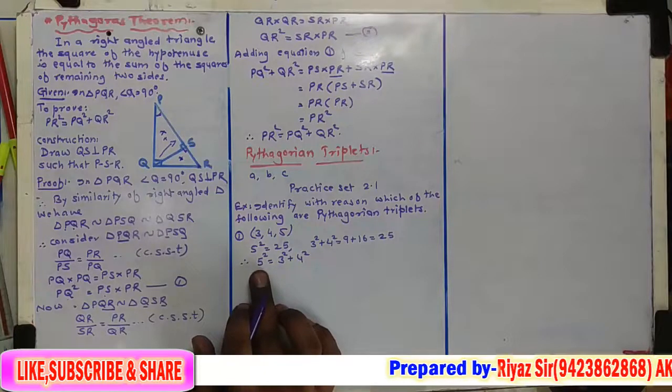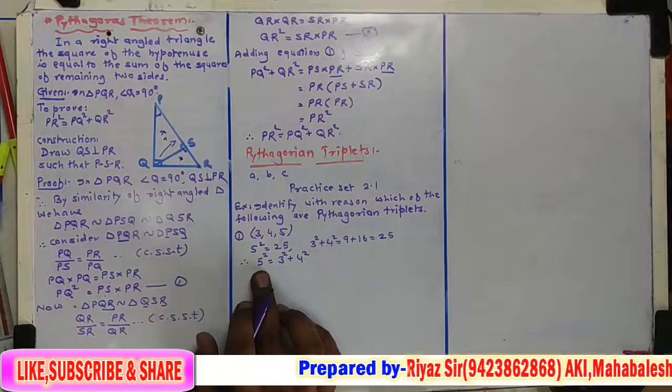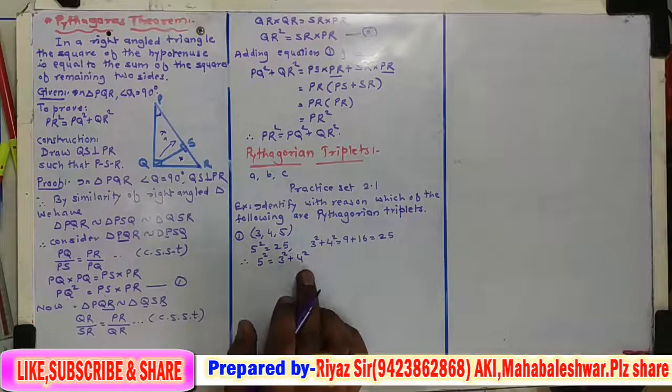Here the square of one number is equal to the sum of squares of the other two numbers.